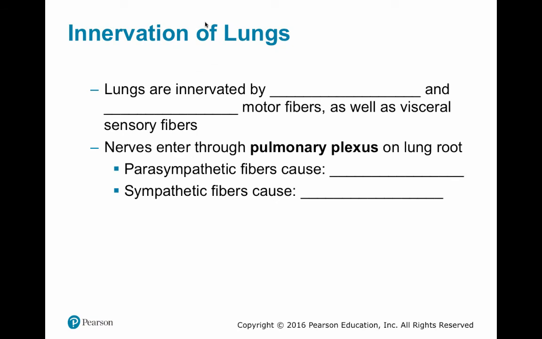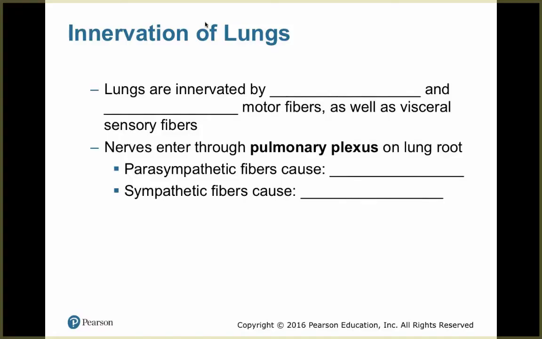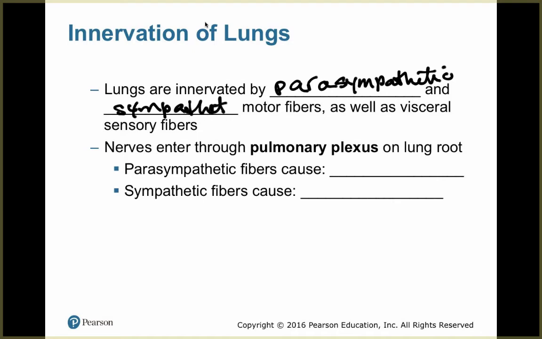Now, how are we able to actually breathe, or what gives us the ability to breathe? Well, the lungs are innervated by parasympathetic and sympathetic motor fibers, as well as visceral sensory fibers. And how this happens is the nerves enter through the pulmonary plexus on the lung root.